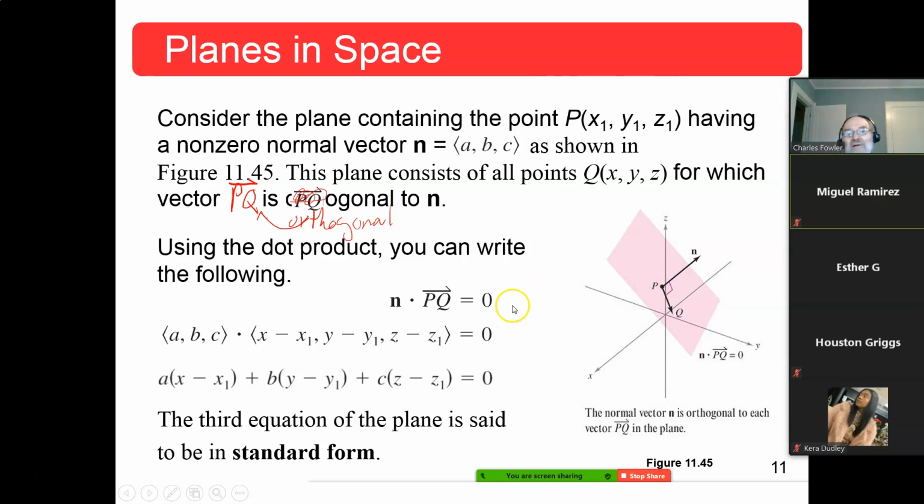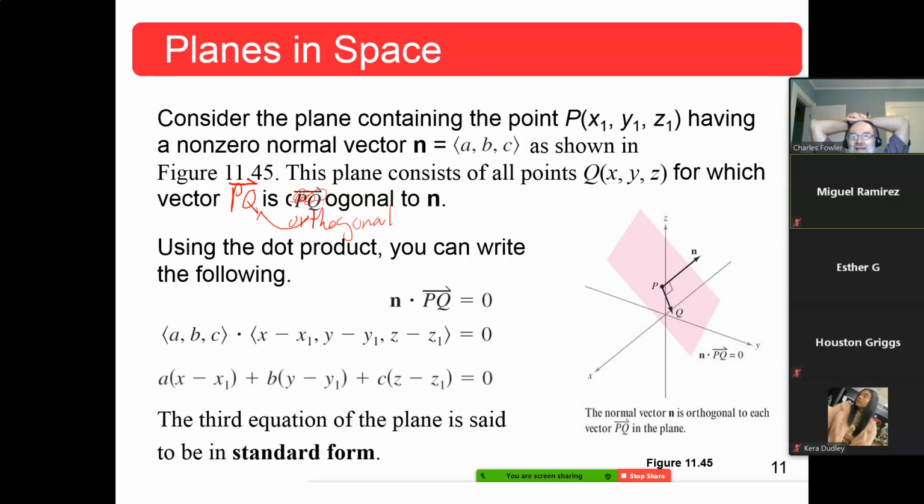Now, using the dot product, remember the dot product of two perpendicular vectors is always 0. So N, which by the way was ABC, if this is looking similar to what we had before with a line, the ABC are your direction numbers. Now these are your direction numbers of a vector that is perpendicular or normal to a plane.